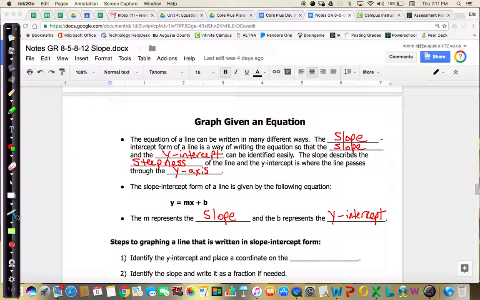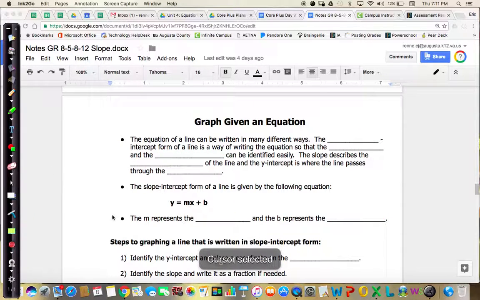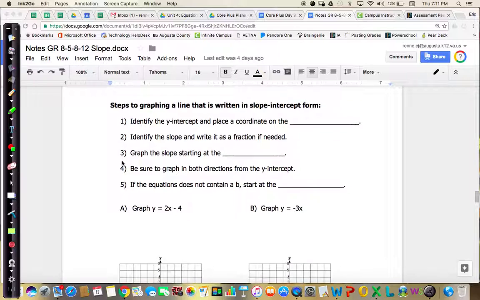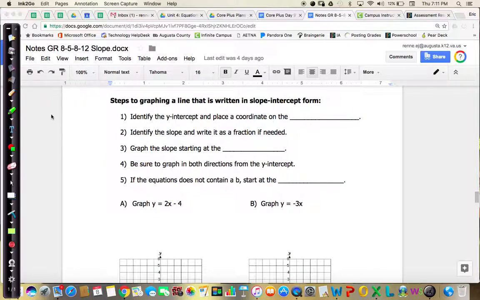Okay, now let's look at our steps for graphing a line that's written in slope-intercept form. So the first step we need to do is identify the y-intercept and place a coordinate on the y-axis.